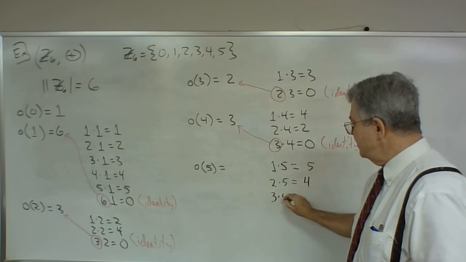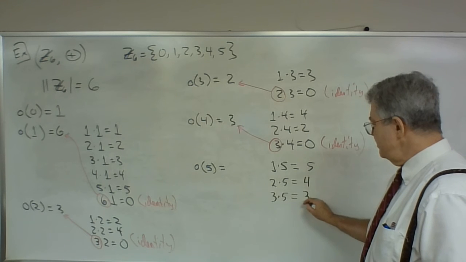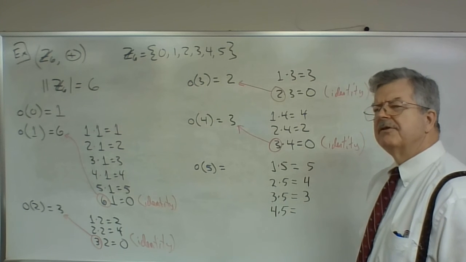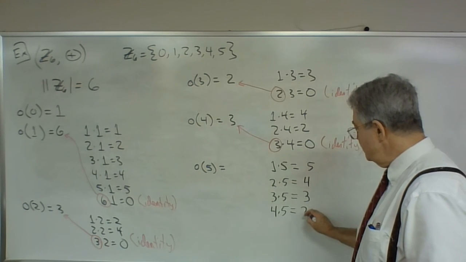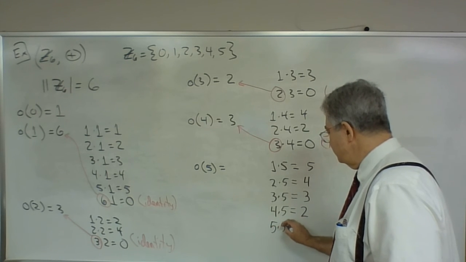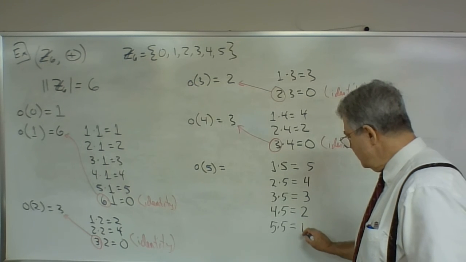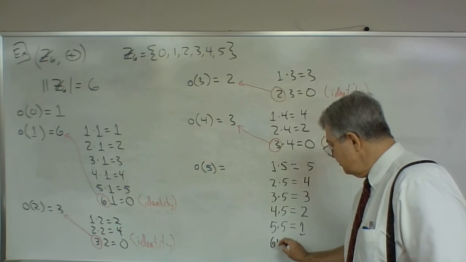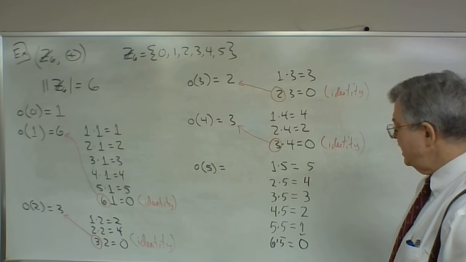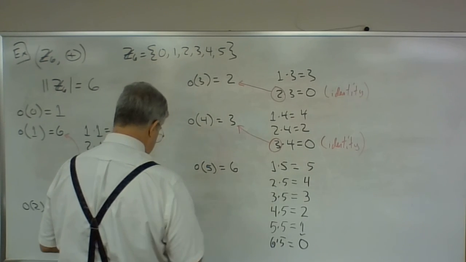And then we have 3 times 5, and that's congruent to 3 mod 6. 4 times 5 is 20, but 20 is congruent to 2 mod 6. 5 times 5 is 25. That's congruent to 1 mod 6. 6 times 5 is congruent to 0. Okay, there we have it. The order of the element 5 is 6.